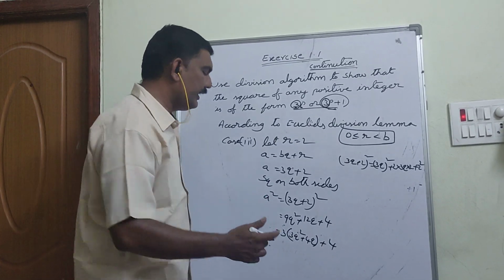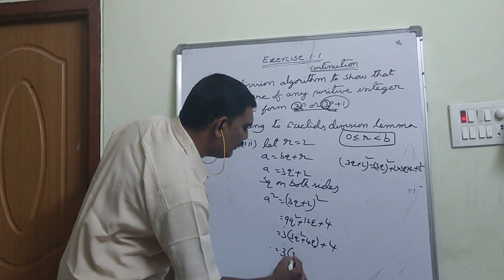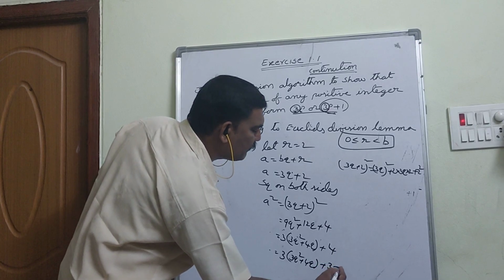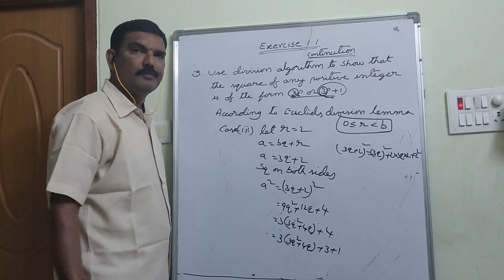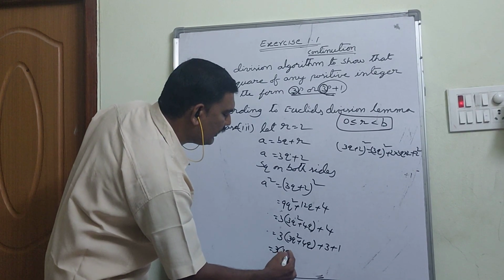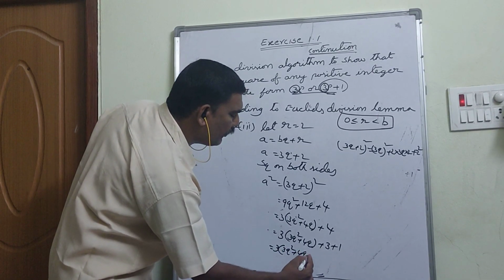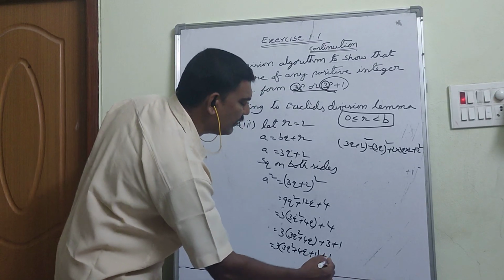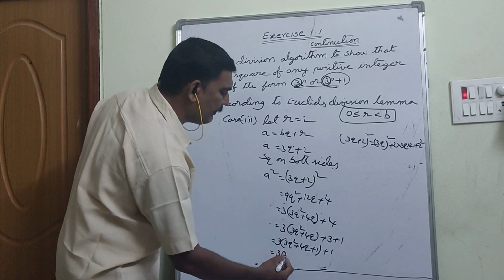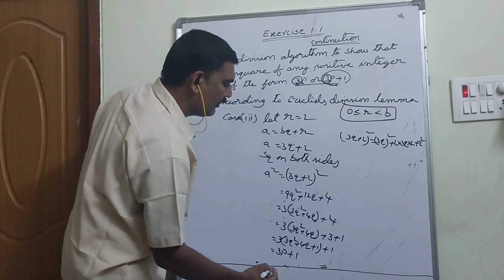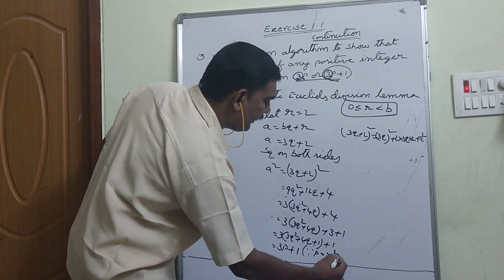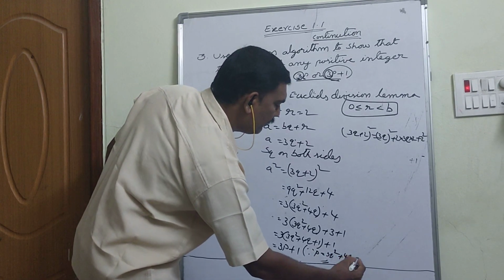So what you should do is keep 3 into 3q square plus 4q as it is, and split 4 into 3 and 1. Now this 3 also you can take as common. Then you have 3 times 3q square plus 4q plus 1, plus 1. Whatever is in the bracket, assume it as p, so that the form is 3p plus 1, since p equals 3q square plus 4q plus 1.